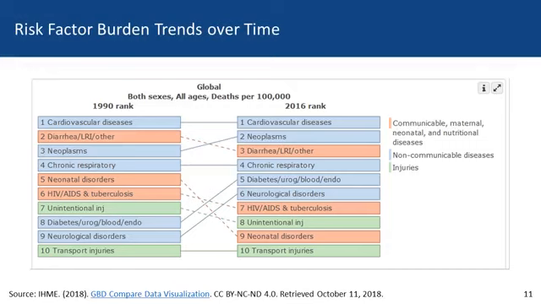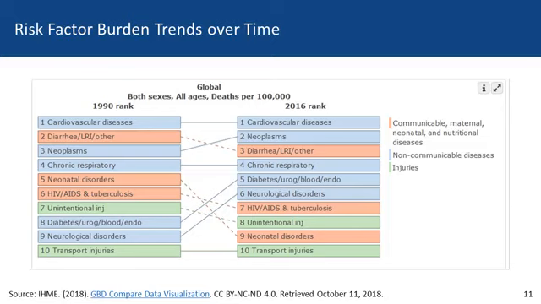I can see the rankings of specific causes of deaths for 1990 on the left side compared to 2016 on the right side. As you might note, cardiovascular diseases was the top cause of death both in 1990 and in 2016. In contrast, neonatal disorders went from the 5th leading cause of death in 1990 to the 9th cause of death in 2016.